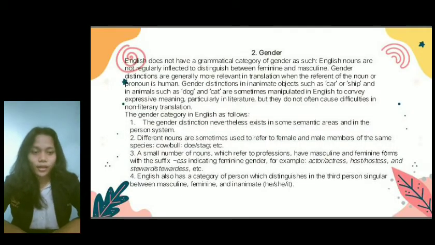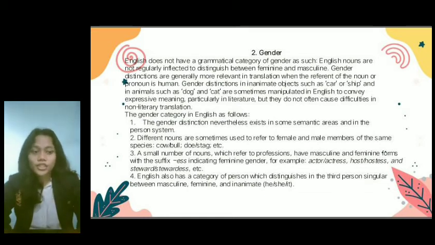There is gender. English doesn't have a grammatical category of gender as such, as English nouns are not regularly inflected to distinguish between feminine and masculine. Gender distinctions are generally more relevant in translation for nouns or pronouns that are human.